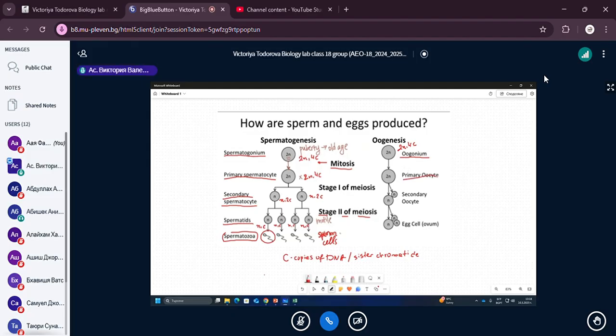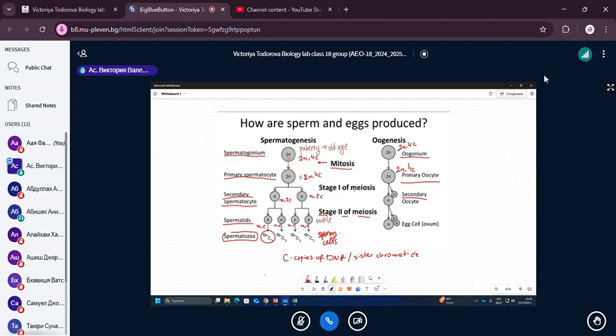In primary oocyte, again, these cells are diploid with 4 copies of DNA inside. And they grow to the secondary oocyte.